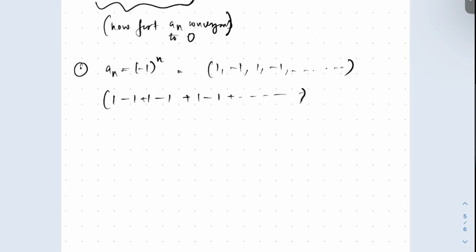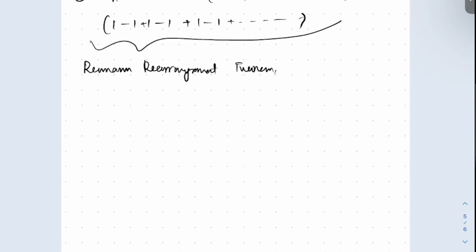So there's an interesting thing called the Riemann rearrangement theorem and conditional convergence. If the summation of a_n does not converge, but the summation of mod a_n converges, then sorry, I told the opposite thing.